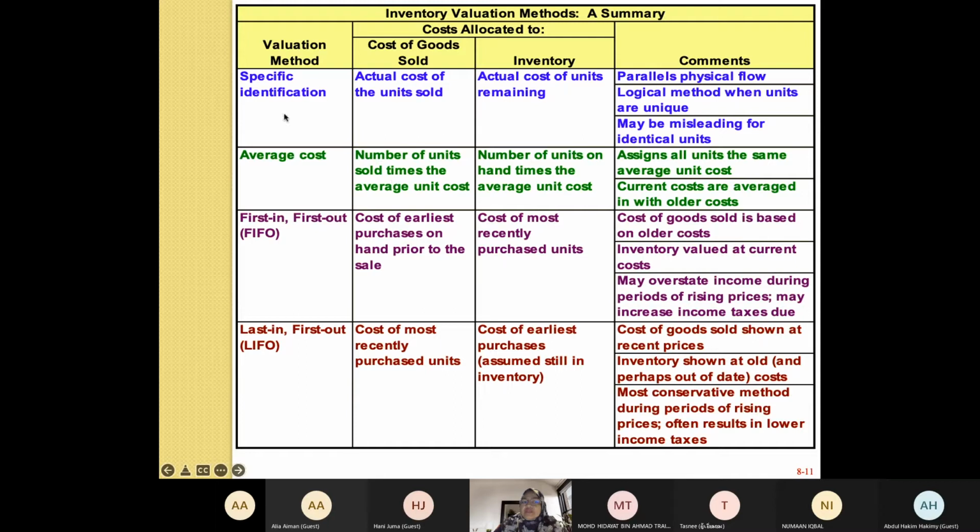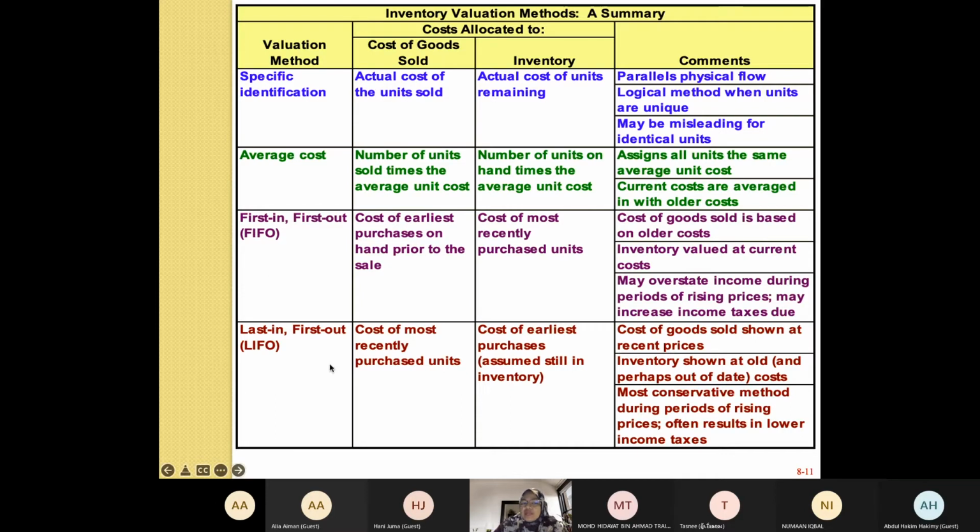Specific identification means using the actual cost of the unit sold. With average cost, you use the number of units sold times the average unit cost for your cost of goods sold. And with first in, first out, the cost of the earliest purchases will be your cost of goods sold, and the cost of the most recent will be your closing stock.